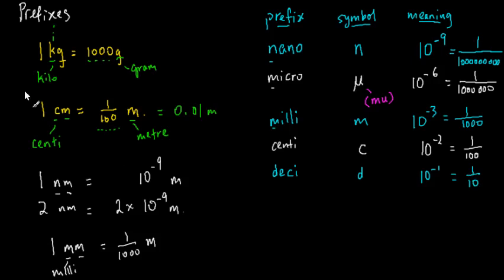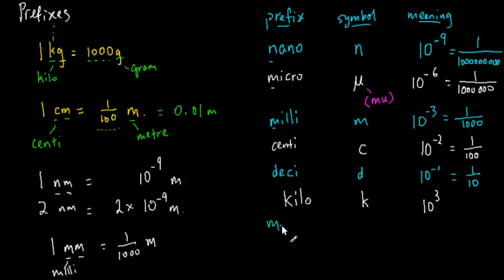Okay, let's look at the next one: kilo. That's right, we are on kilo now. We have already seen what kilo means, as in a kilogram, and it means 1000. The prefix is kilo, K-I-L-O, and the symbol is K, and the meaning is 10 to the power of 3, 1000.